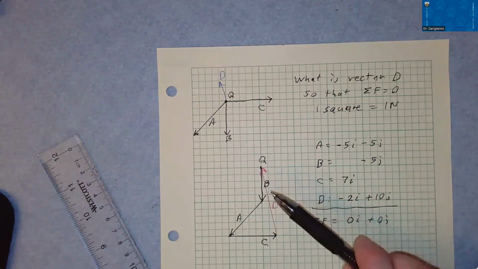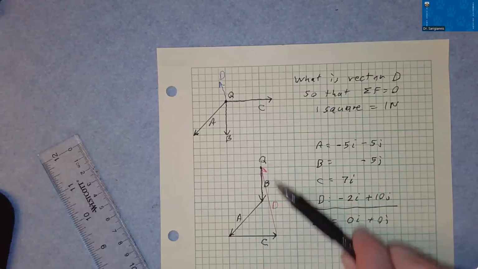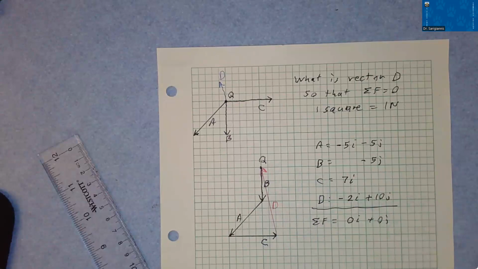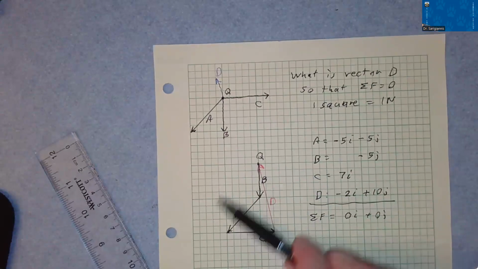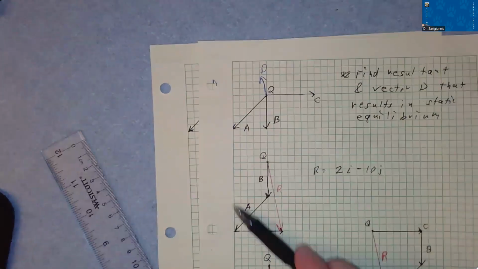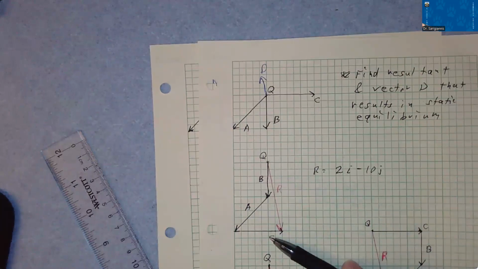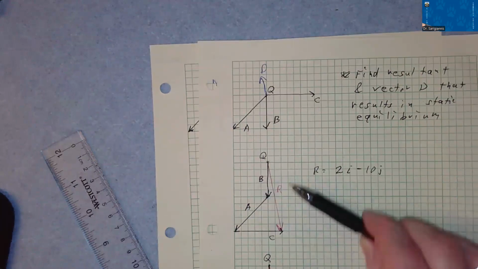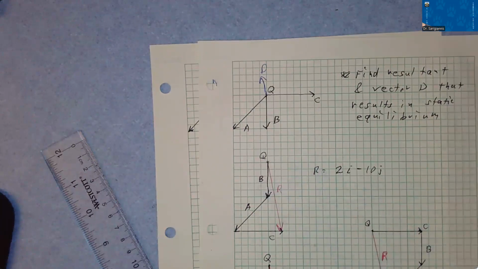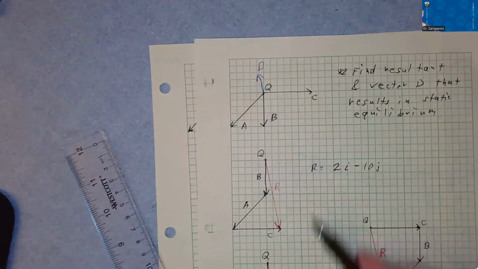You take the tip of one vector, match it to the tail of another one. You do that for all the vectors. And this vector here takes us back to the beginning. This diagram here means the sum of the forces is equal to 0. This diagram here is the sum of the forces BAC, which is the resultant R, right? To get the sum of the forces equal to 0, you have to cancel out R.